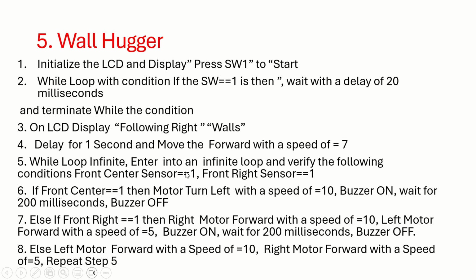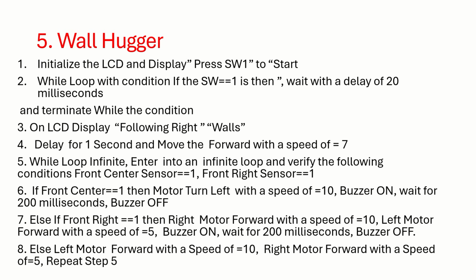So if the front center sensor is 1, or else if the front right sensor is 1. For example, if the front sensor is 1, then the motor should turn left with a speed of 10, the buzzer should be on, wait for 200 milliseconds, then the buzzer should be off.